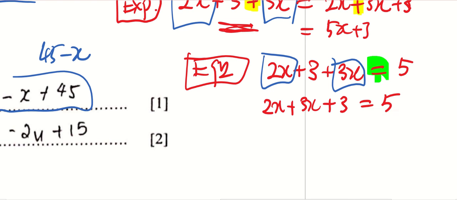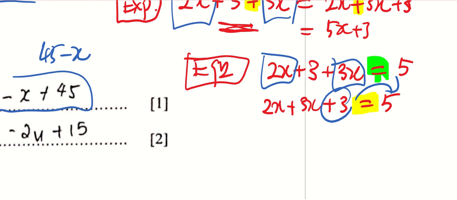Now, remember I said that when you're doing this equation, you need to throw all the variables to one side, particularly the left hand side, and all the constants to the right hand side of the equation. So here I need to throw this plus 3 over. I'm throwing the plus 3 over the equal sign.